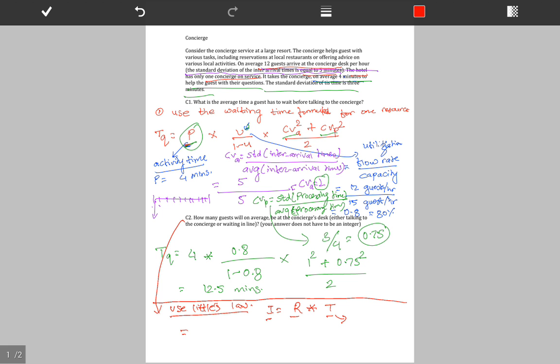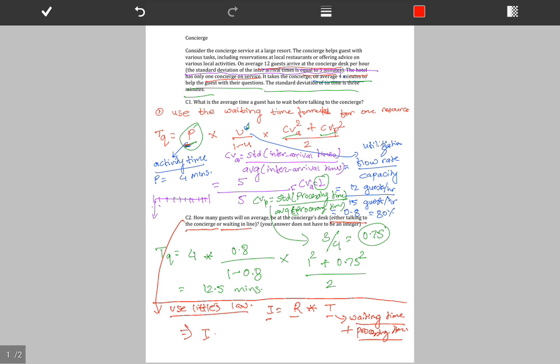This is the waiting time plus the processing time. Why do we add both? Because it's either talking to the concierge or waiting on the line.